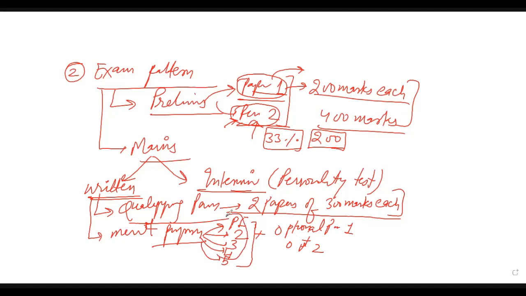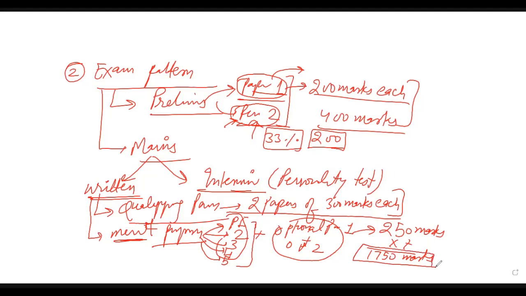So a total of 5 plus 2, that is 7 papers, are conducted for merit purposes. Each paper consists of 250 marks, so 250 into 7 is 1750 marks for the written papers for merit purposes, and these 600 marks are for qualifying purposes. So these papers are not included for merit purposes.